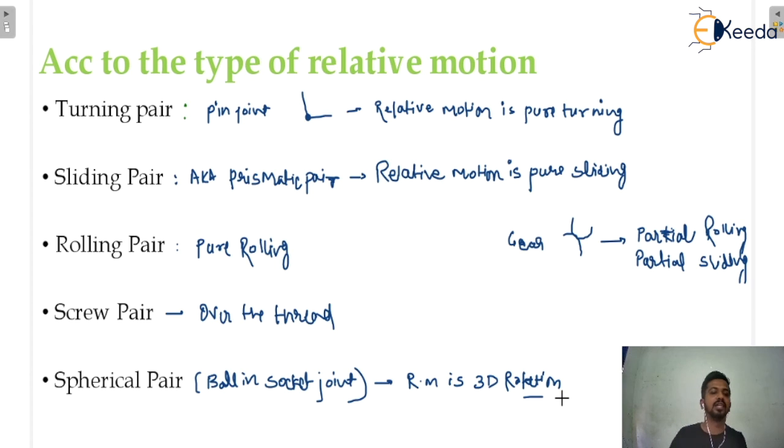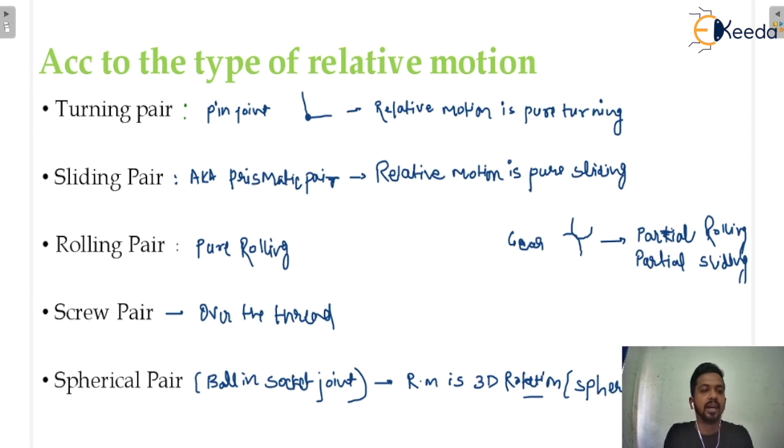So this is the spherical pair, when the relative motion is three-dimensional rotation. Or you can also say that it is a spherical rotation.